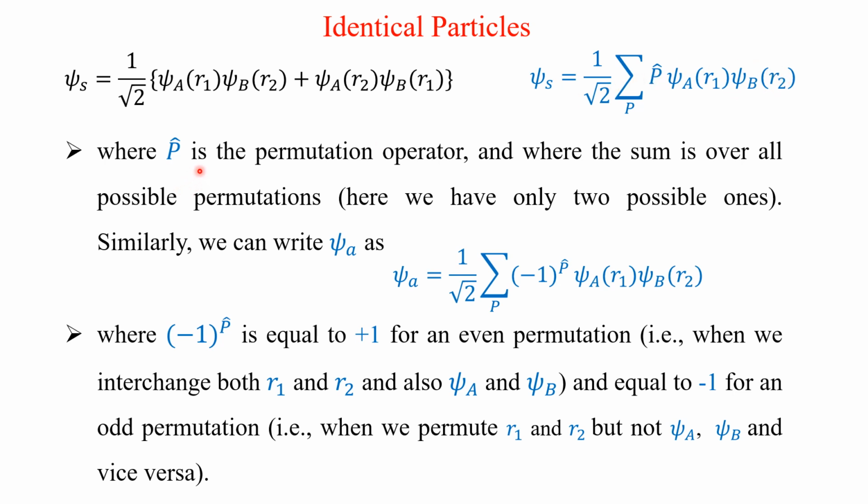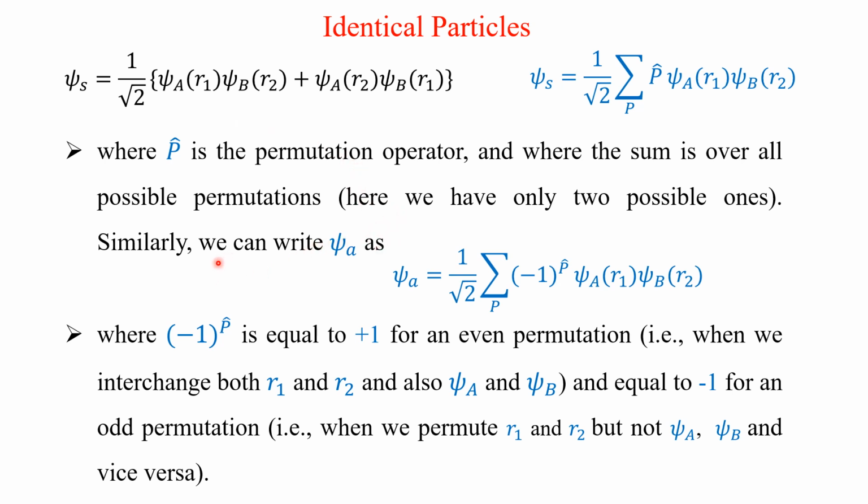Here, P cat is the permutation operator. In the previous class, I used P for the particle exchange operator. Here, it is not the particle exchange operator, though of course we are using the same symbol. So, this is a permutation operator where the sum is over all possible permutations. Here, there are only two possible permutations.